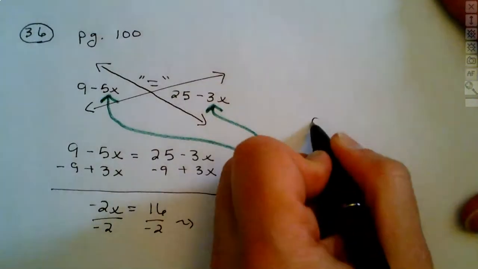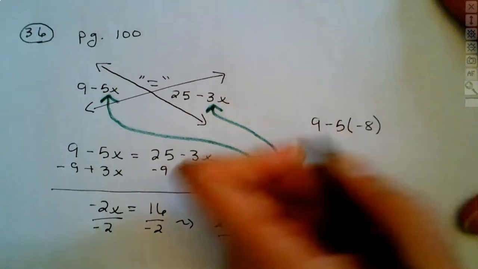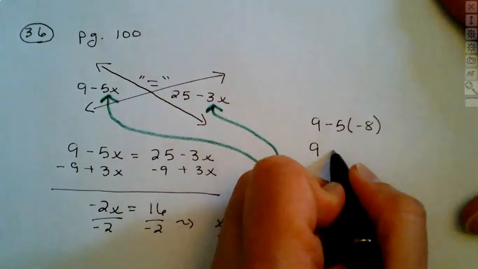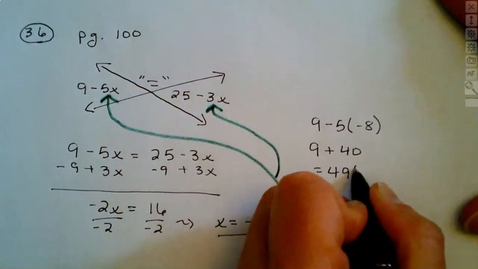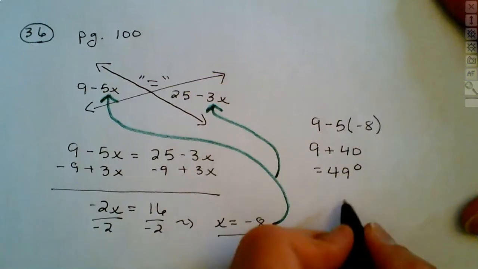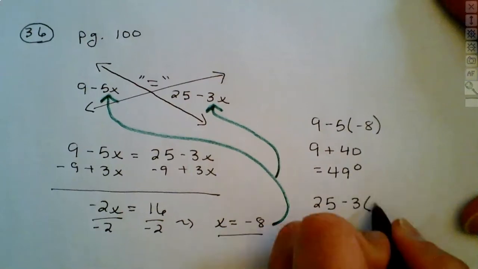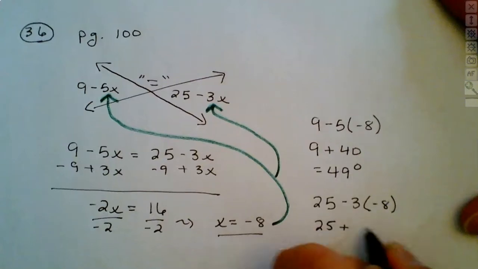So we've got 9 minus 5 times a negative 8. Double negative makes that positive. So that's going to be 9 plus 40, which is then 49 degrees. What about the other one? Well, the other one is 25 minus 3 times a minus 8. Double negative makes it a positive 24.